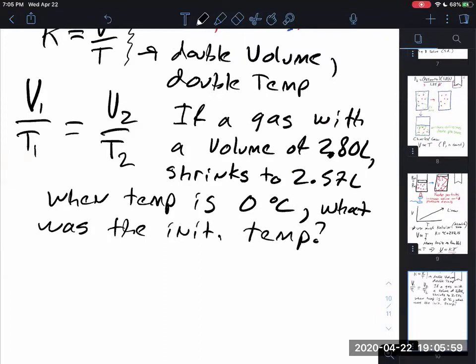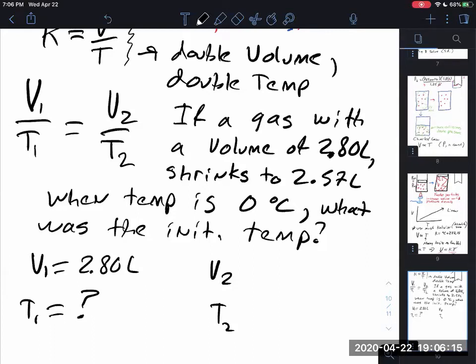Okay, so similar idea. I want to identify my variables. What's V1? What's T1? What's V2? What's T2? So V1 is 2.80 liters. T1 is, I don't know. That's my goal. What was the initial temperature? V2 is 2.57 liters, and T2 is 0 degrees Celsius.